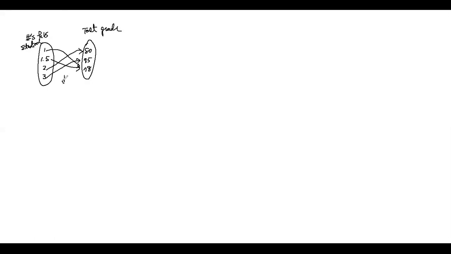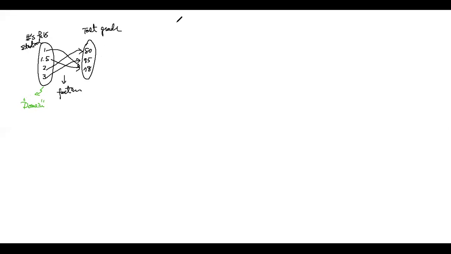So this type of relation defines the hours of study and your test grade. This type of relation we call a function. For these functions, the first group we call the domain. The domain is the possible values of your inputs, like the number of hours.